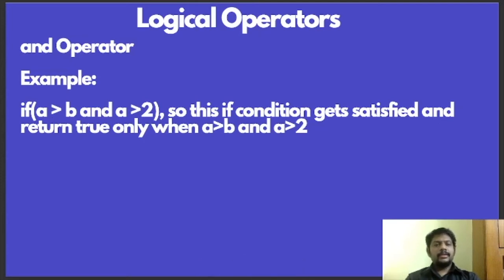Consider, let's say A equal to 2, B equal to 2. 2 greater than 2? No, it is not correct. So this if condition is not satisfied. Let us consider another example. Let us consider A equal to 2 and B equal to 1. In that scenario, this will hold true because 2 greater than 1. But what about this?